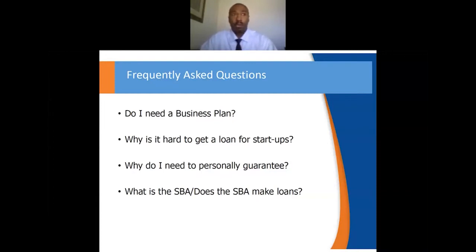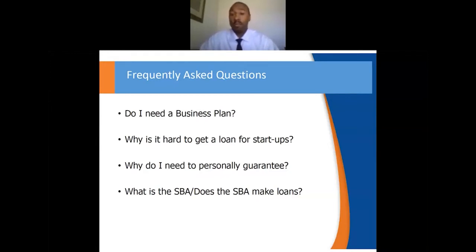That's typically why we get SBA involved as lenders. I'll explain that in a little bit, but that's usually why it's hard for startup businesses to get lending: there's no revenue they've generated and not very much collateral. That's why you have to have an alternative source of income, i.e., a full-time job, part-time job, or another business providing income that can support the loan request or line of credit request you're asking for.